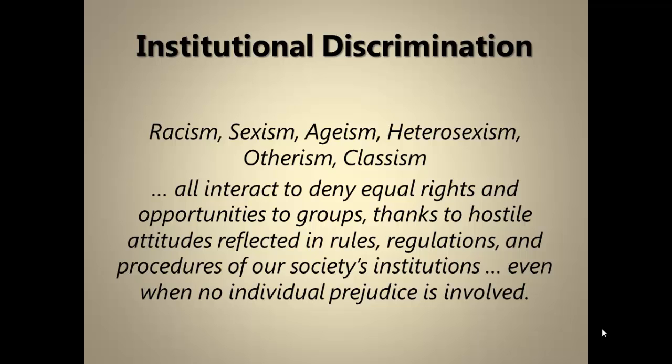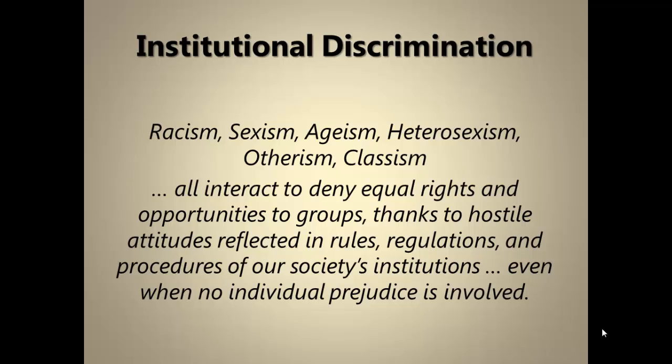But what has happened since is that the institutions of our society have continued practices which, in effect, create discrimination against those individuals and minority groups as well. And it serves to deny those individuals equal access to the resources that are necessary to succeed in our culture, in our society. Racism, sexism, ageism, heterosexism, otherism, classism all interact to deny equal rights and opportunities to groups because of the hostile attitudes that are reflected in the rules, regulations, and procedures of our society's institutions, even if no individual prejudice is involved.